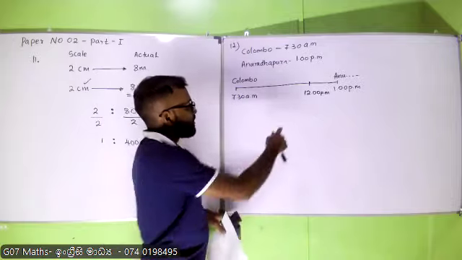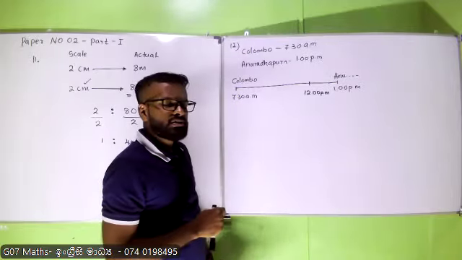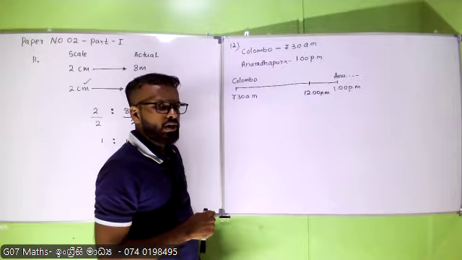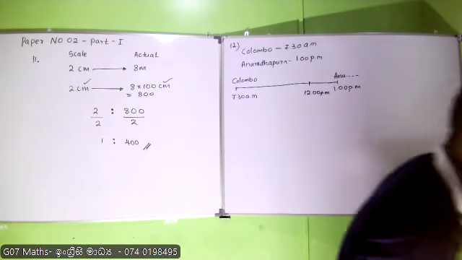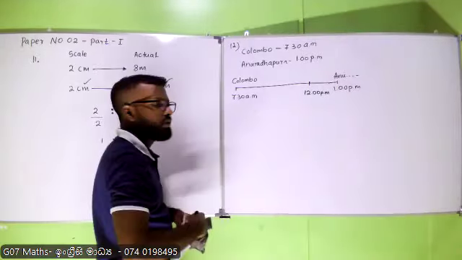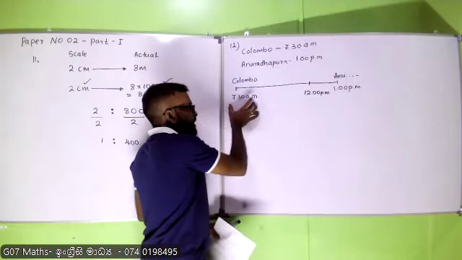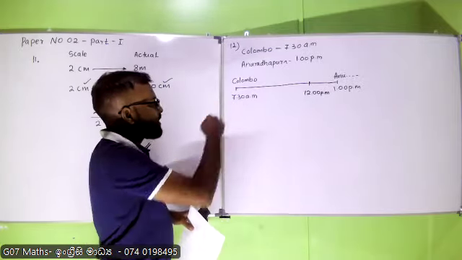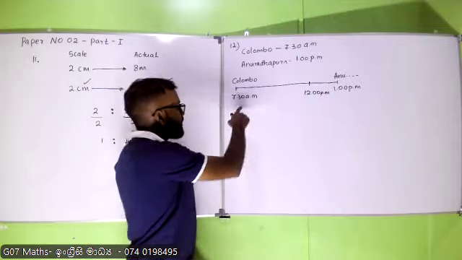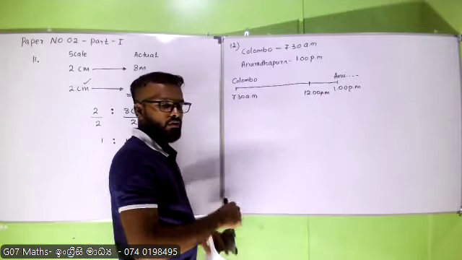12 minus 7:30 a.m. How many hours are there? 12 minus 7 is 4 hours, and here you have 30 minutes.